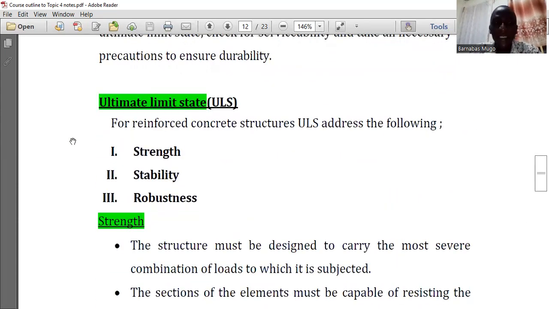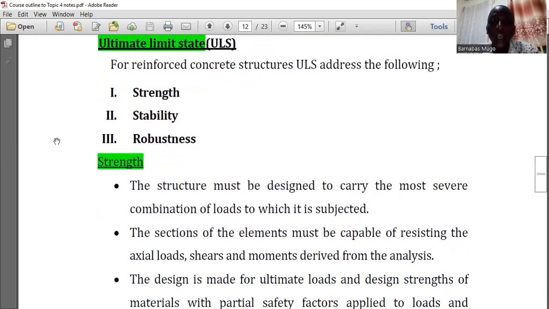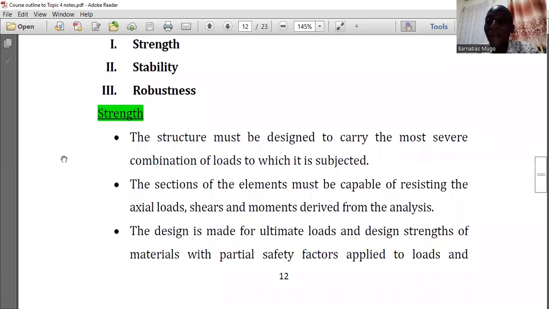So in the ultimate limit state design, you need to know about the strength, that is, the stability and the robustness of that structure. The structure must be designed to carry the most severe combination of the loading.